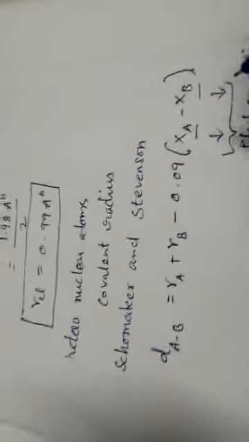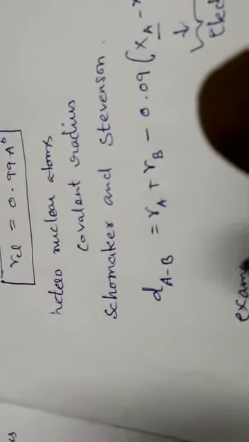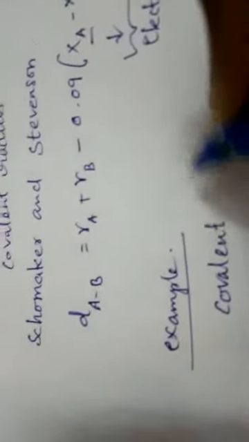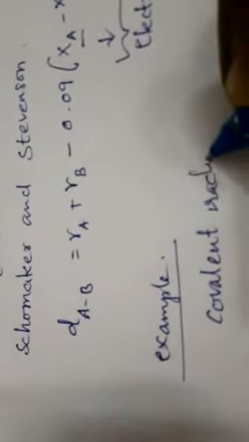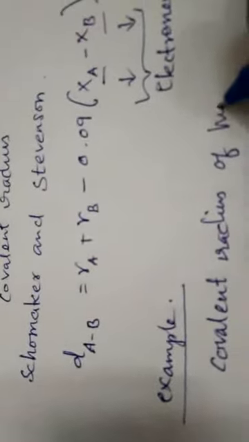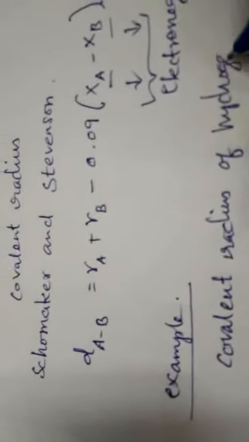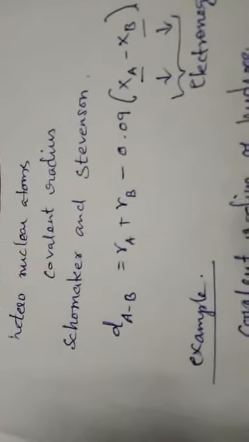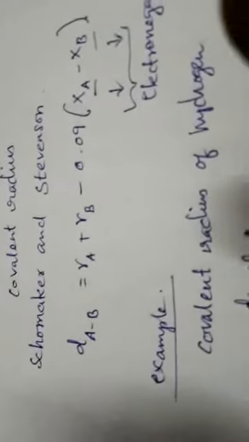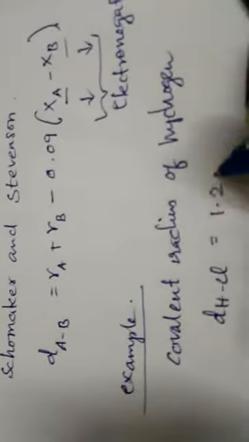Electronegativity. For example, calculate covalent radius of hydrogen. Experimental value given. Distance of hydrogen chlorine equal to 1.28 angstrom.